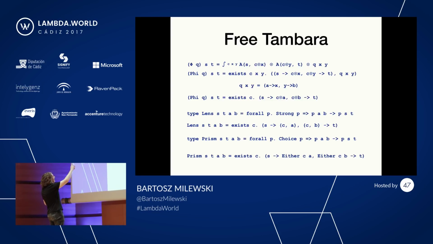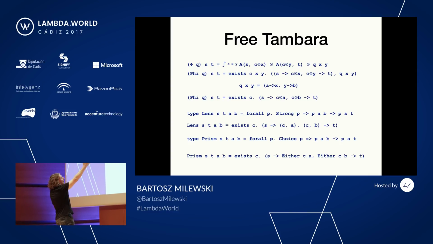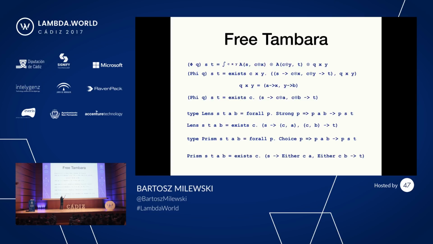And then I can use the co-Yoneda lemma to eliminate this Q. Because this Q is just a pro-reader, paired with exists CXY, exists XY, this is just a co-Yoneda lemma. So I can replace X and Y with A and B.